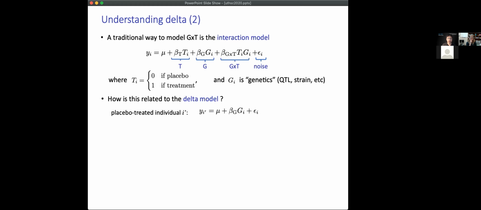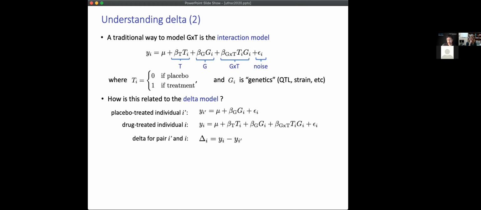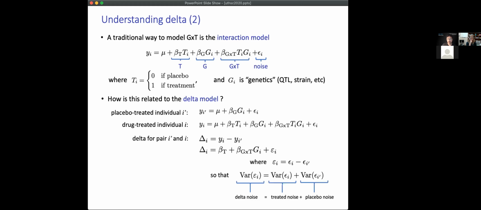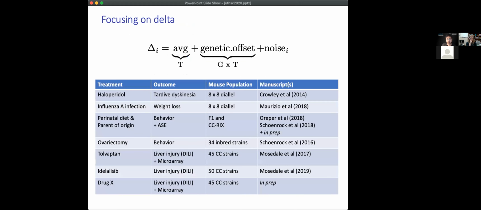And you can do that simply by taking the formula up there and writing it out for a placebo-treated individual and a drug-treated individual, subtracting one from the other, and you get what looks like the delta model, except that the noise term is the drug noise minus the placebo noise. So, okay, yeah, that's all the math for now.